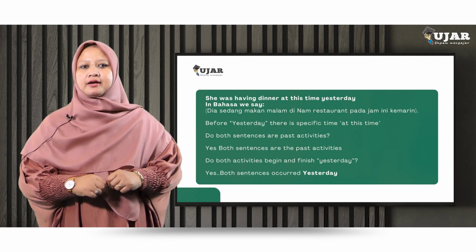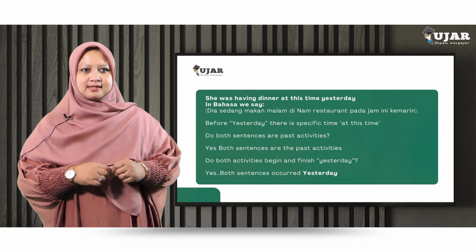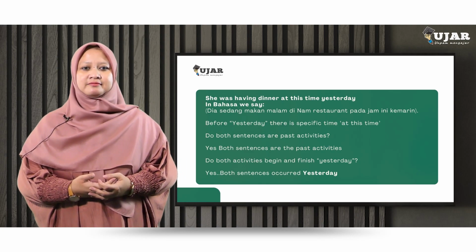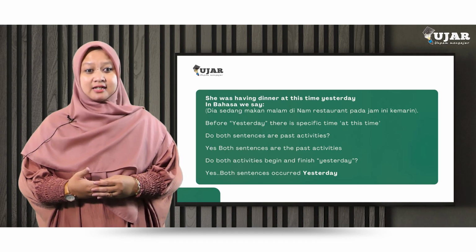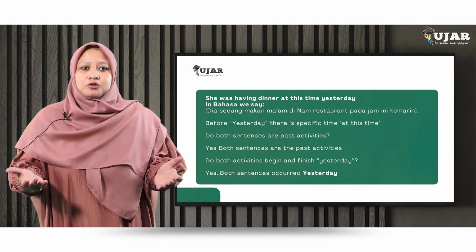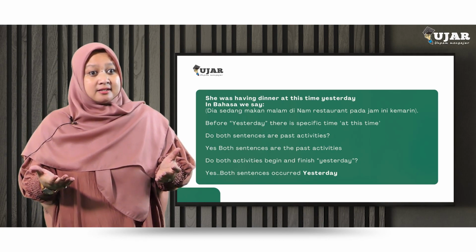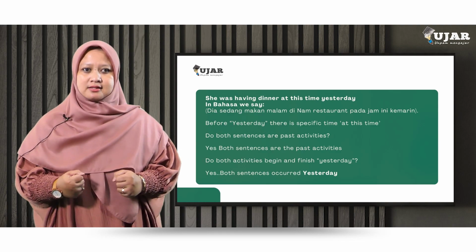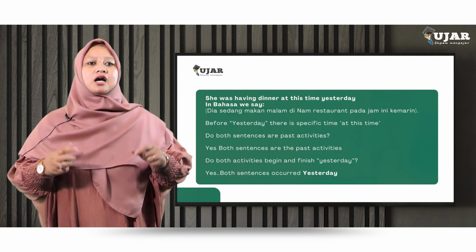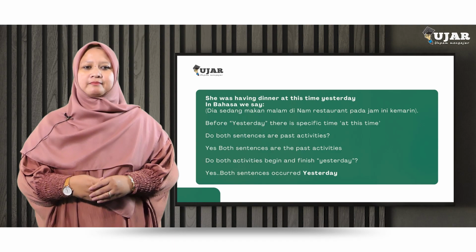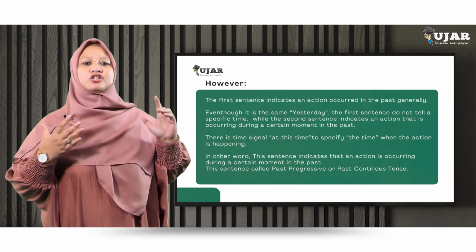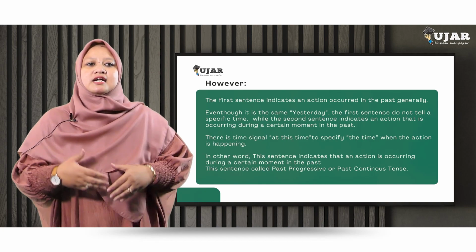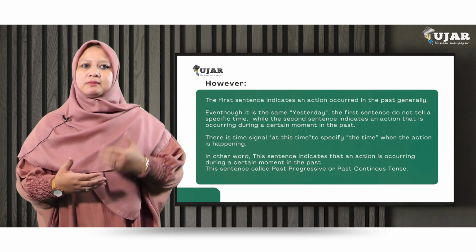At this time. Are both sentences past activities? Yes, both sentences are past activities. Do both activities begin and finish yesterday? Yes, both sentences occurred yesterday. However, the first sentence generally indicates an action occurred in the past.